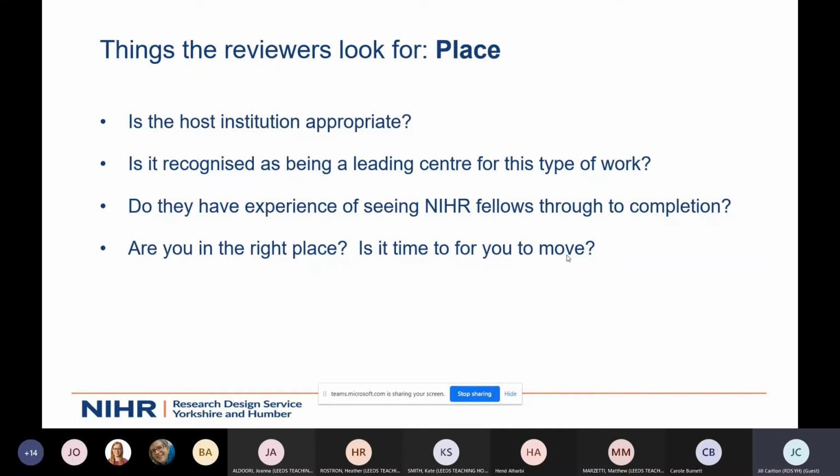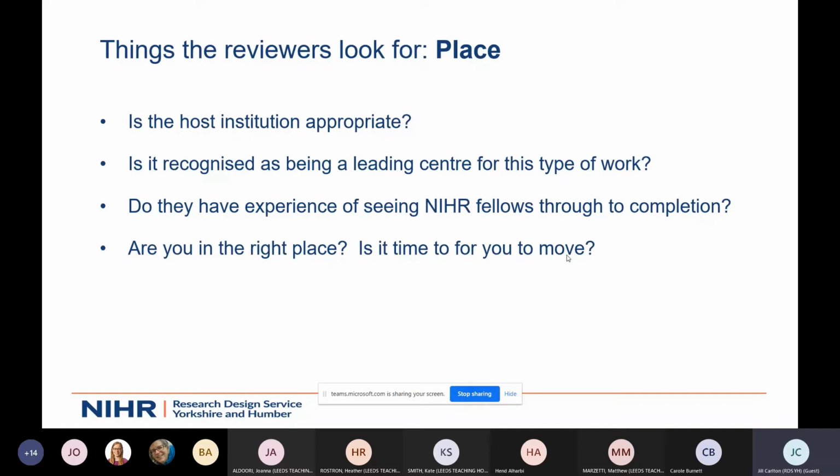The reviewers want to know that that institution is also invested in you and invested in your proposed project. So are they going to be able to support you within your journey of undertaking a fellowship? And do they have any experience of doing that? Do they already have NIHR fellows within their school or within their university, and how is that going?